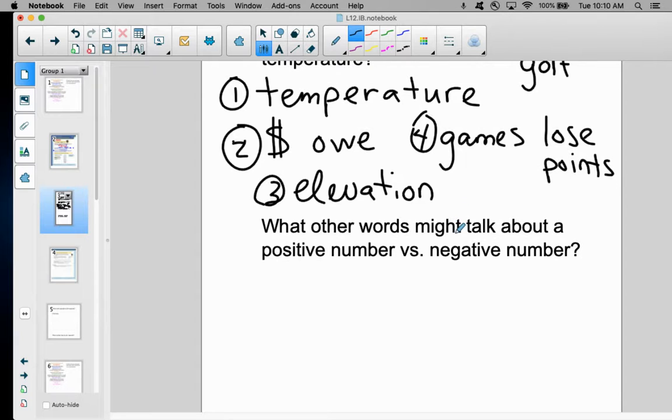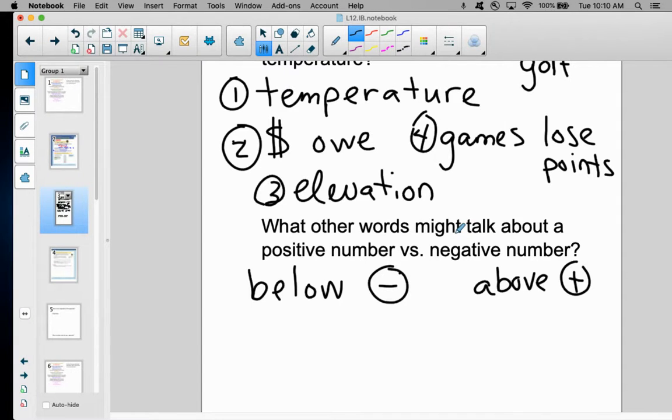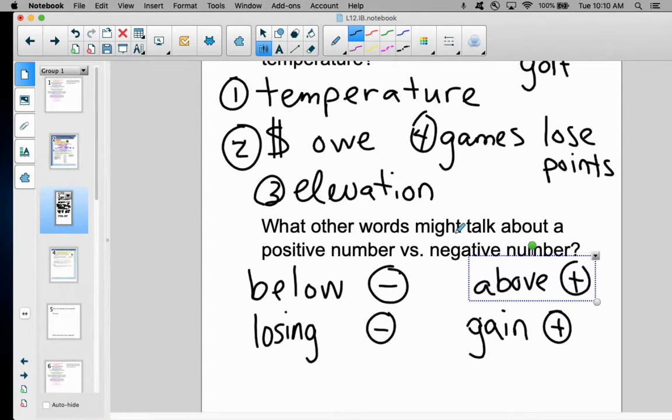Some key words like below will definitely clue you in that we're dealing with a negative situation versus the word above means the positive situation. Losing points would be another key word, that it's negative versus gaining. If you gain points, that's a positive thing. If you lose points, that's a negative thing.